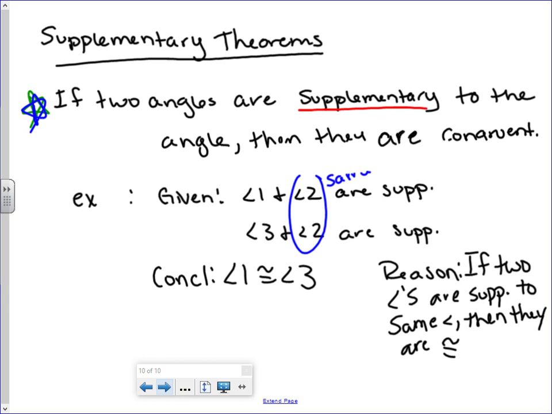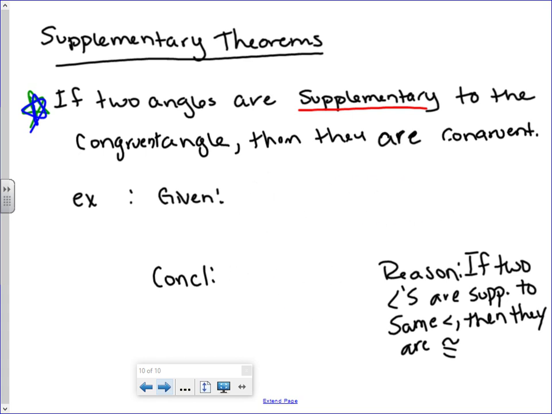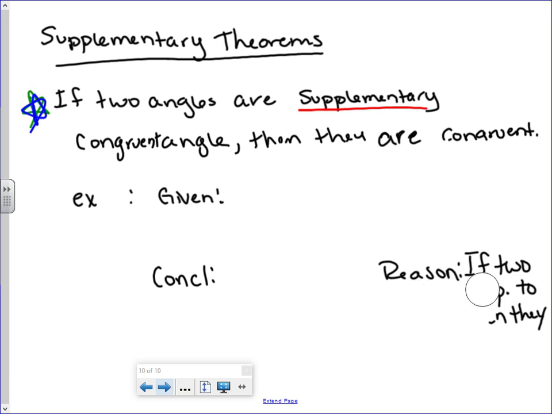An example of that would be if I know that angle 2 is congruent to angle 4, and angle 1 and angle 2 are supplementary, and angle 3 and angle 4 are supplementary. You have this written on your paper already. This is example number 5.